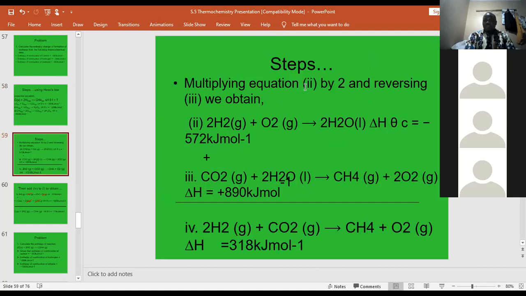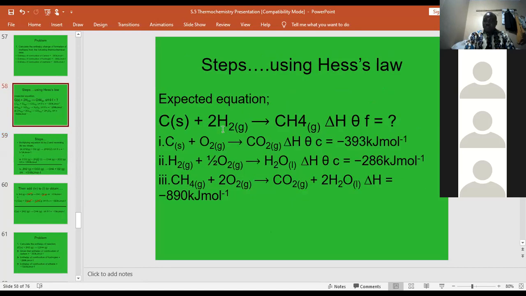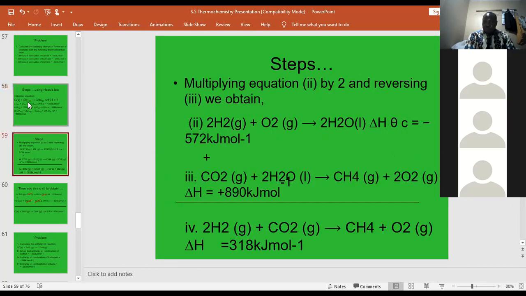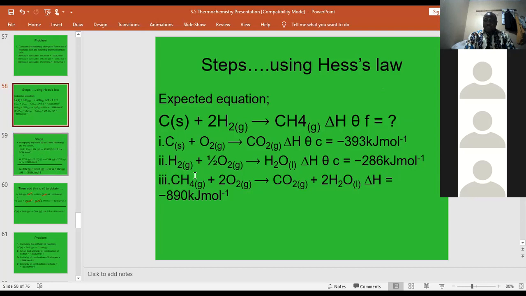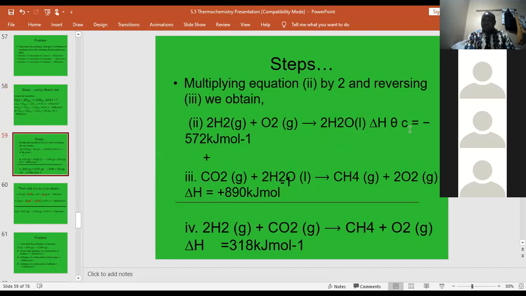We are multiplying equation 2 by 2. Why are we multiplying? Because we need 2 moles of hydrogen. Are we there? We need 2 moles of hydrogen, and yet here we have only 1 mole of hydrogen. So if we are to get these 2 moles of hydrogen, then we multiply that equation by 2. When we multiply by 2, we multiply throughout, including the energy content.